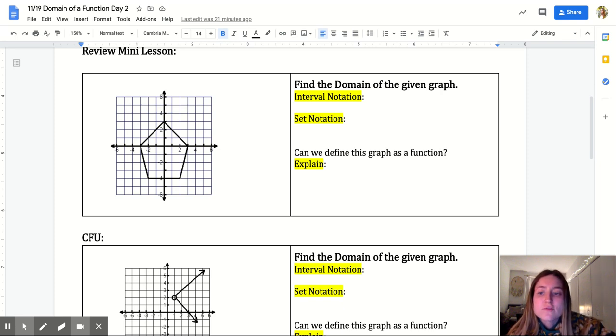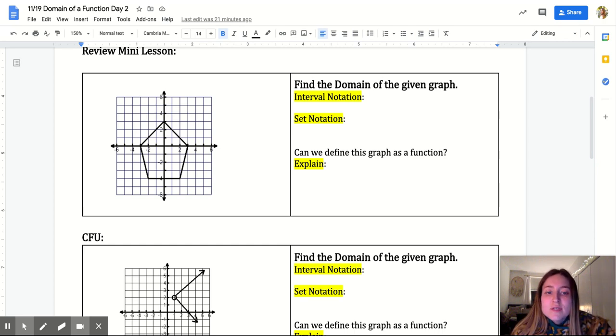So when we're writing interval notation, we're going to start by listing our lowest value and our highest value. We always have x in the middle, and it'll always be less than. Now we have to check if it's less than or equal to. We have to remember to add our lines underneath for less than or equal to.